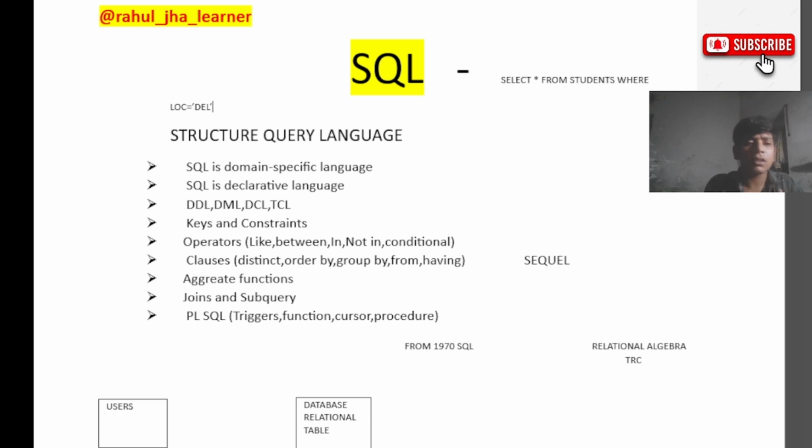This point is the most important from the placement point of view. Joins and subqueries are the most important, because every exam and every placement interview asks questions on joins and subqueries. From the point of view of competitive exams it is also most important, but the rest also keep their weightage.